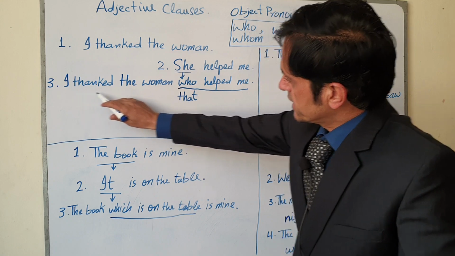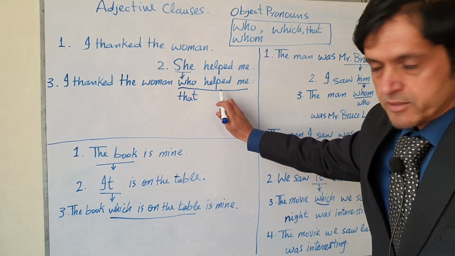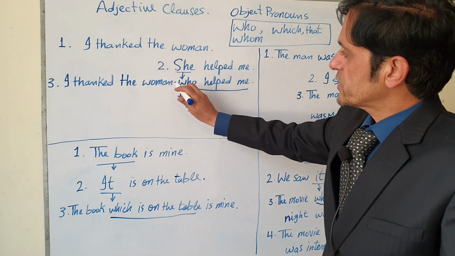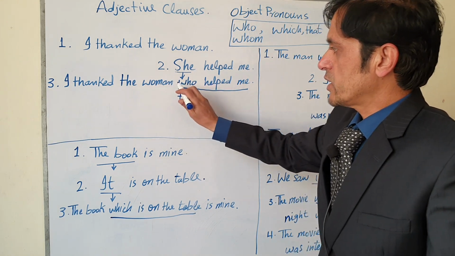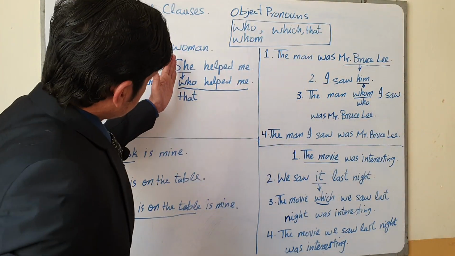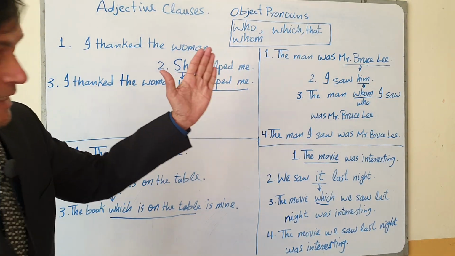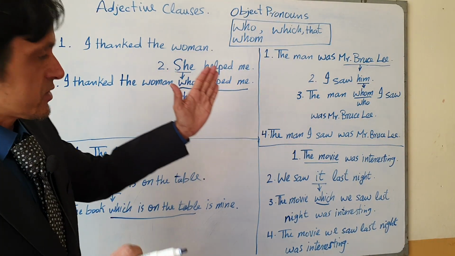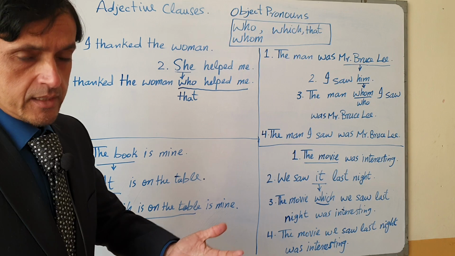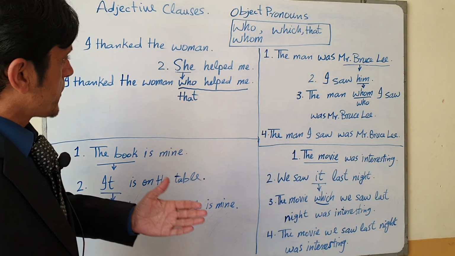This independent clause does not need the dependent clause because its meaning is clear. I thanked the woman, so the meaning is clear. But if we write only who helped me, the meaning is not clear. The logical meaning is not clear. You understand to some extent, but the clear-cut meaning is not clear.